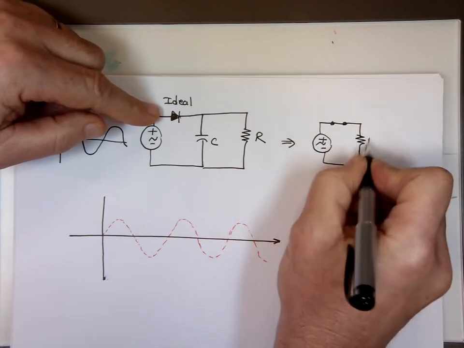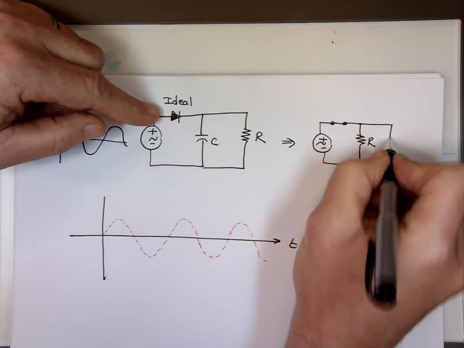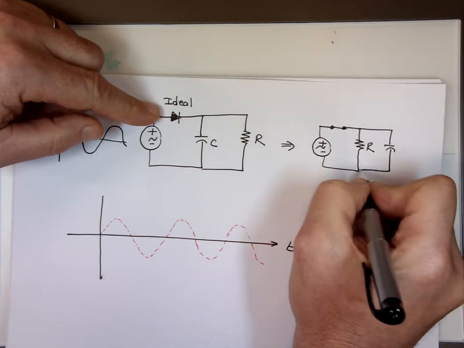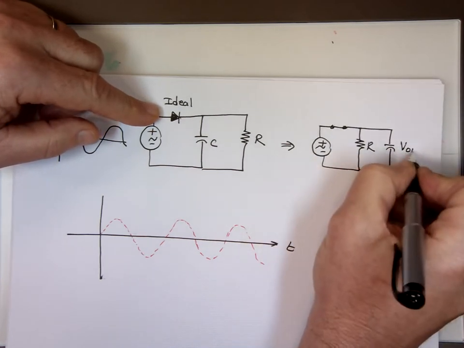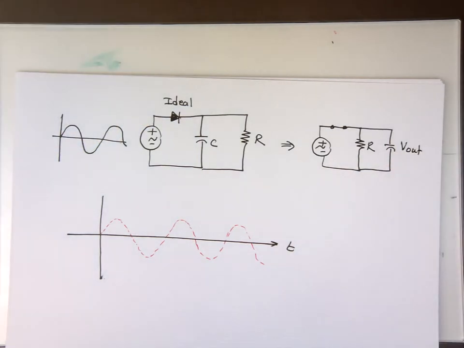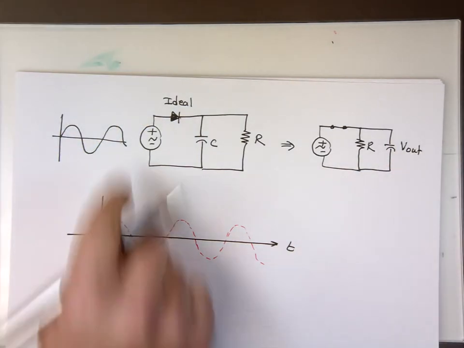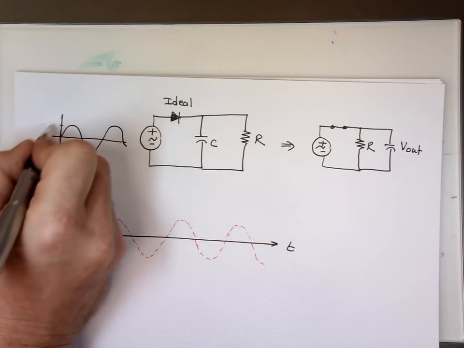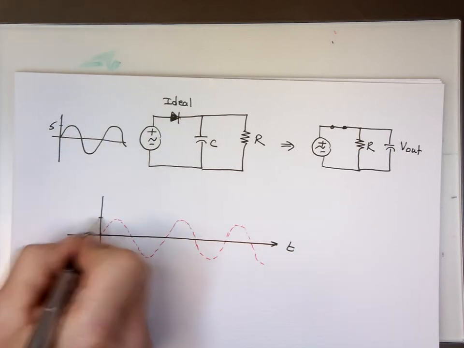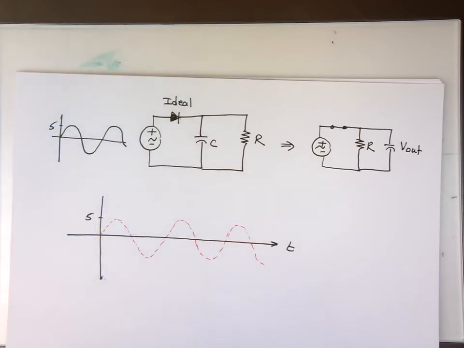Doesn't matter which one you write first, which one you write second, they're in parallel. And this is, we'll call it V out. Once this voltage, again, we'll use, let's say, 5 here. Just make us understand it.